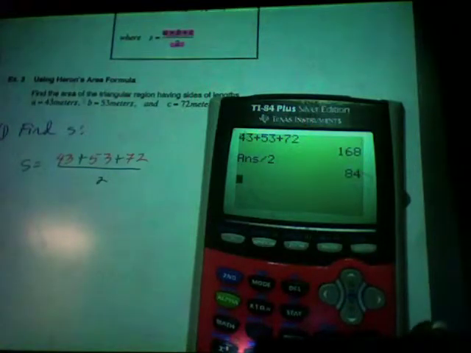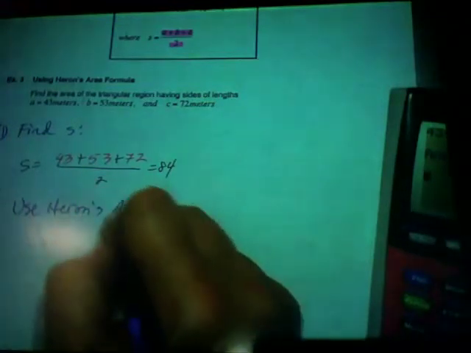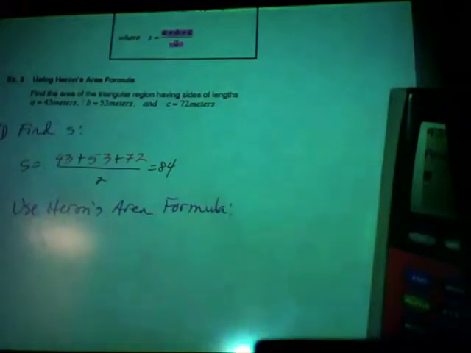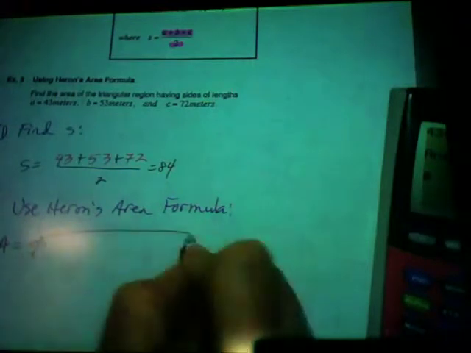So I get 84. And then step 2, use Heron's formula, the area formula. Now I do need to see your formula and you plugging into it. So area equals, because that ensures that you put the right things in the right place.